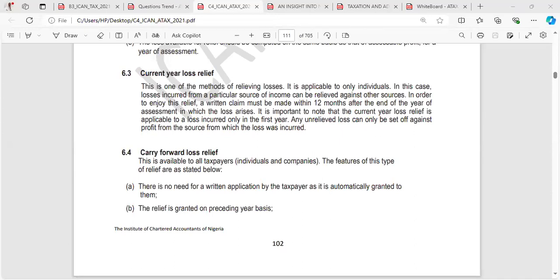Now, in order to enjoy this relief, a written claim must be made within 12 months after the end of the year of assessment in which the loss arose.